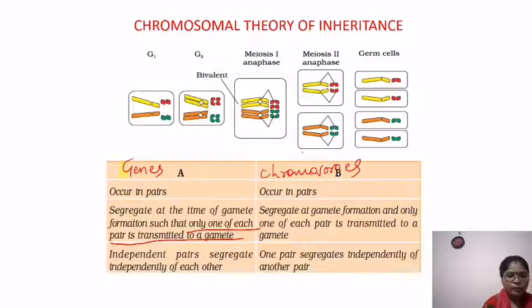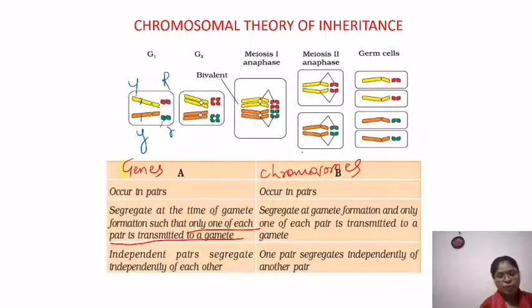Suppose I put yellow, yellow, and this is for round and this is for wrinkled. Then you can see how, first, the duplication of chromosomes takes place.